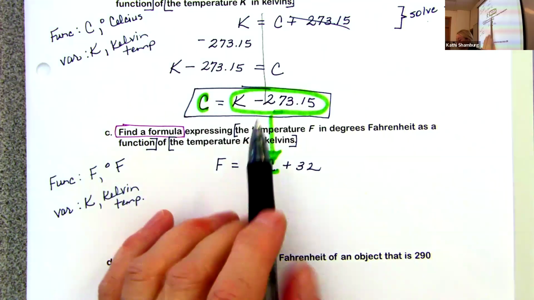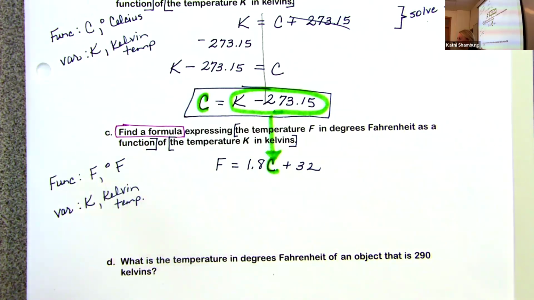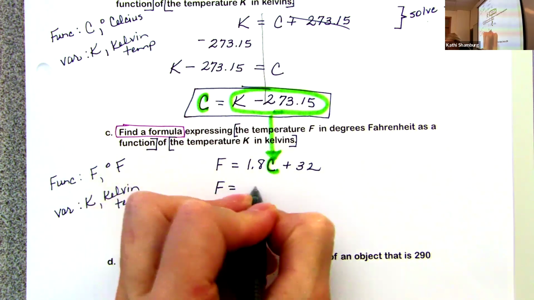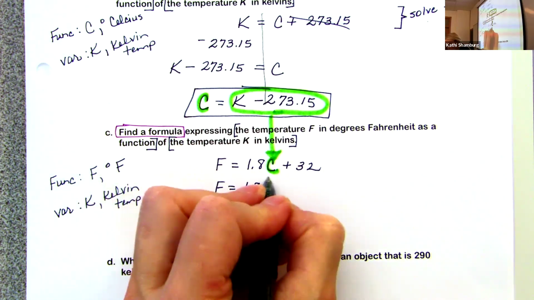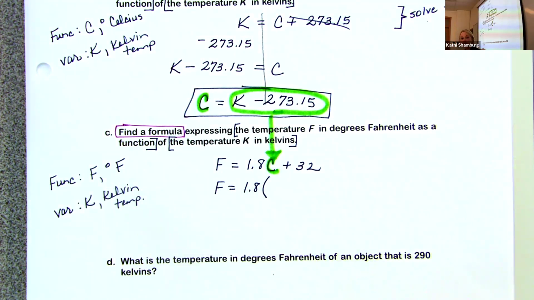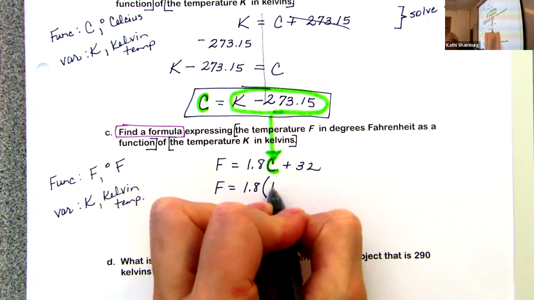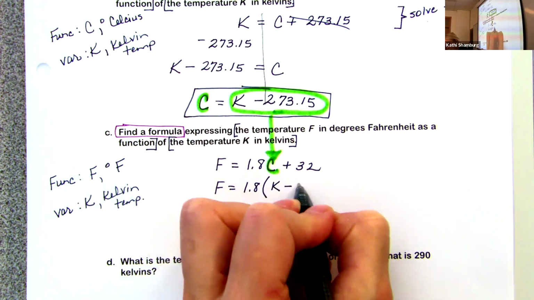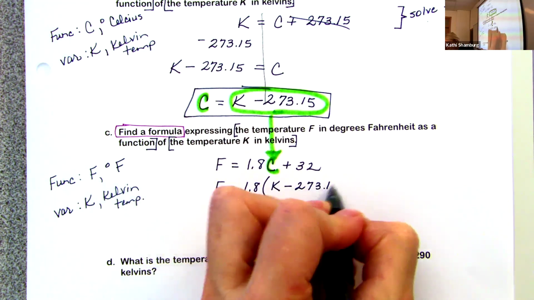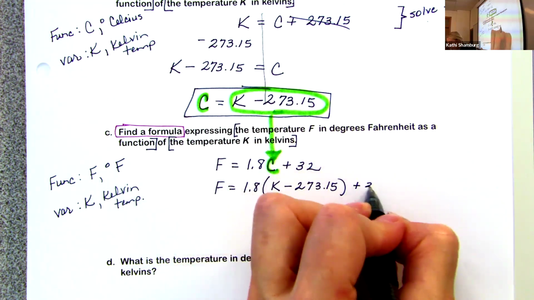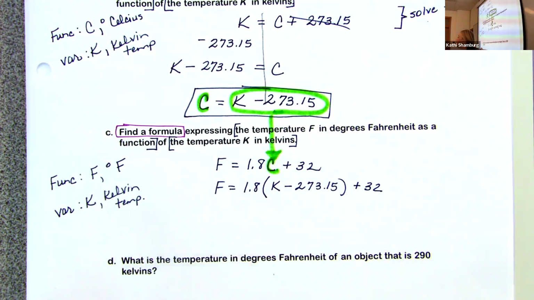And yes, since they are equivalent, that's exactly what we want to do. So we have Fahrenheit equals 1.8, but in place of that C, I'm going to plug in K minus 273.15. Now be careful, you still have plus 32 that is a part of your formula.